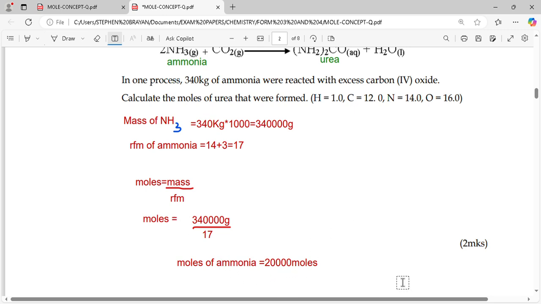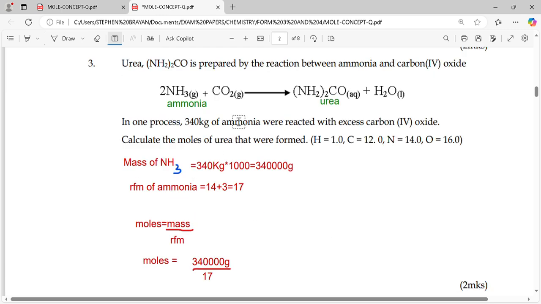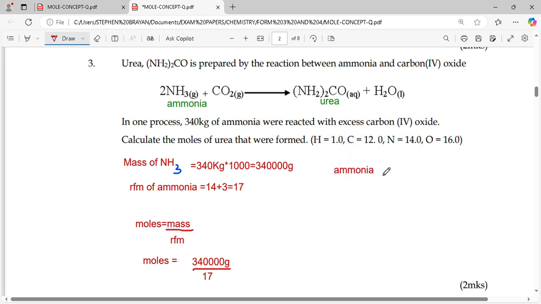But remember, the question asked you the number of moles of urea. So how do you get the number of moles of urea? You look at the mole ratio of ammonia to urea. You look at the value before ammonia and the value before urea.